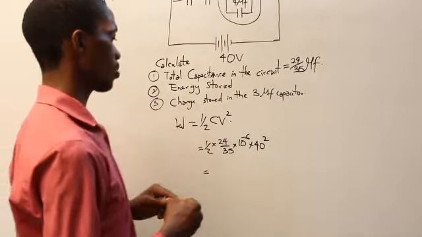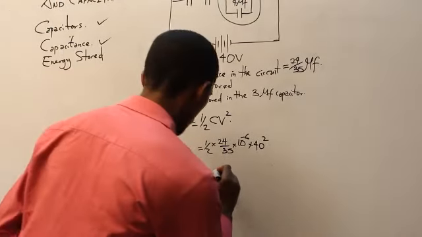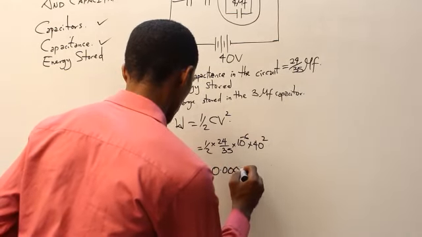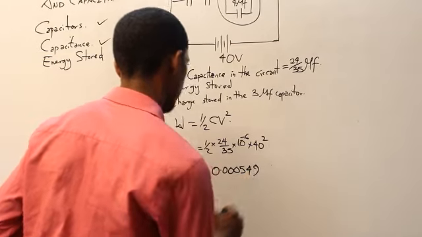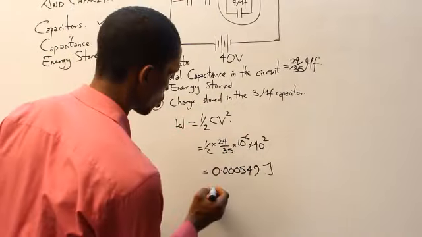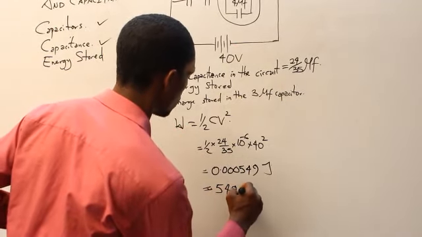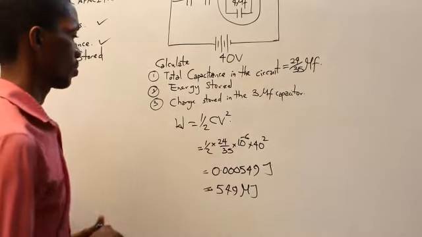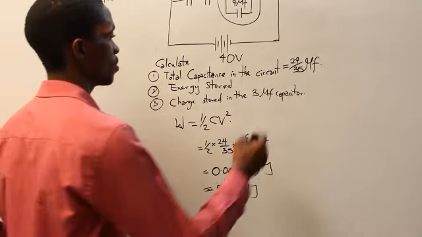When we calculate this on our calculator, our answer is equal to 0.000549 joules. That can also be said to be 549 microjoules. So we can keep that as well.